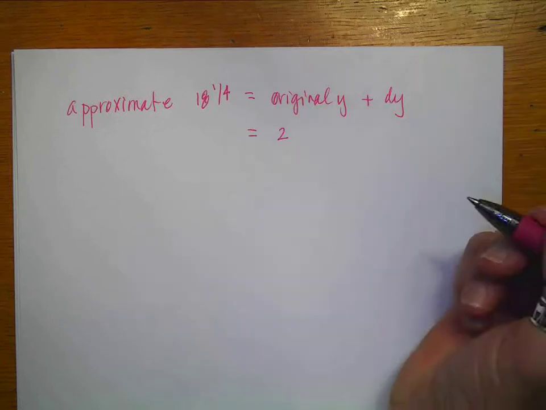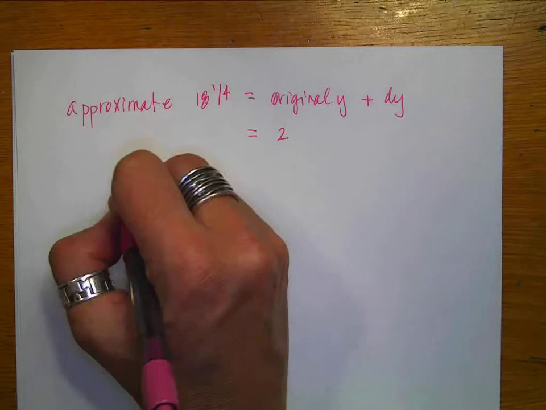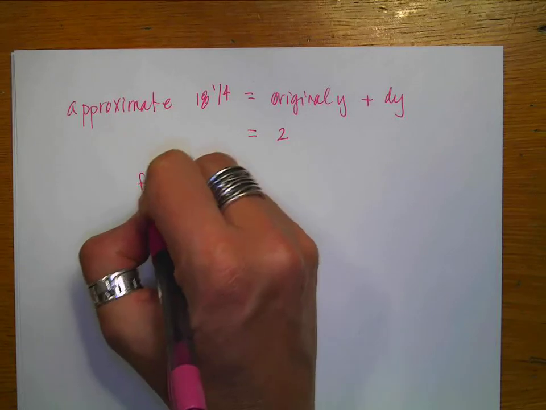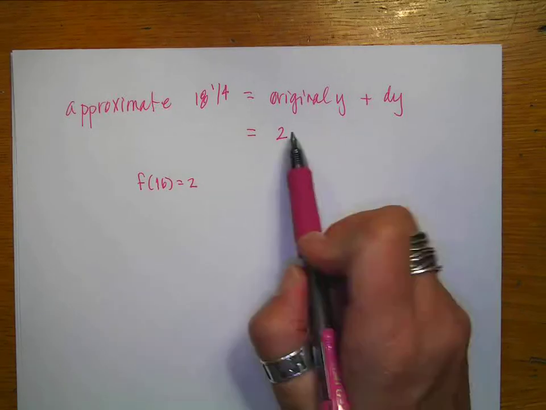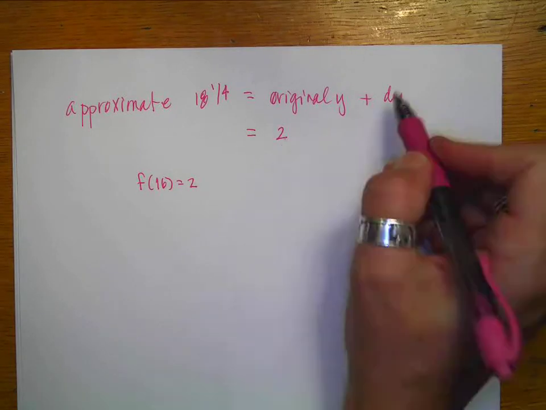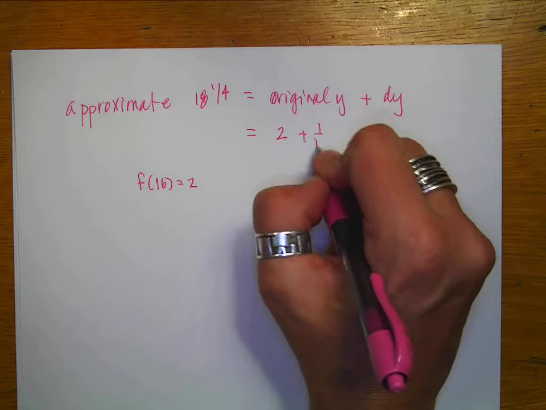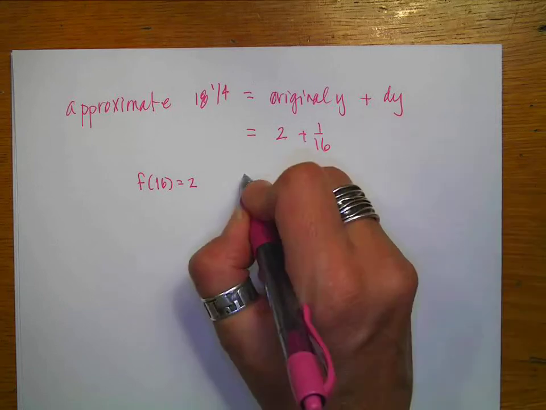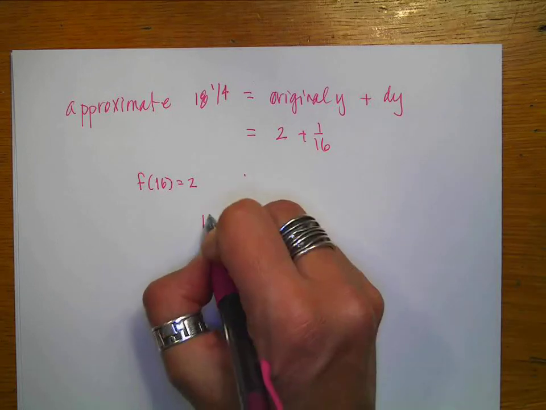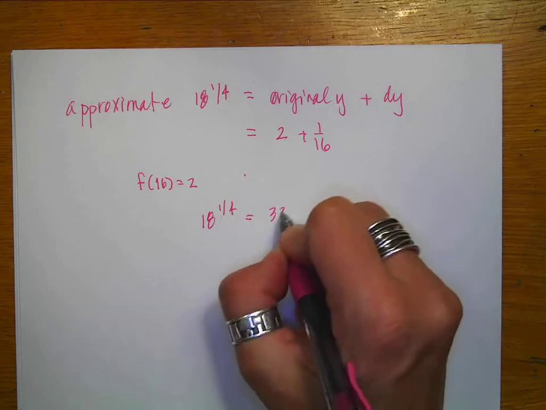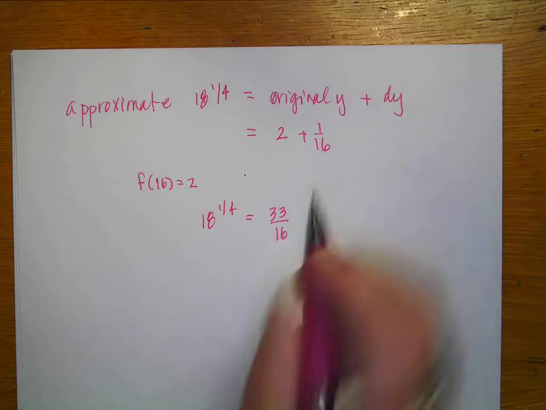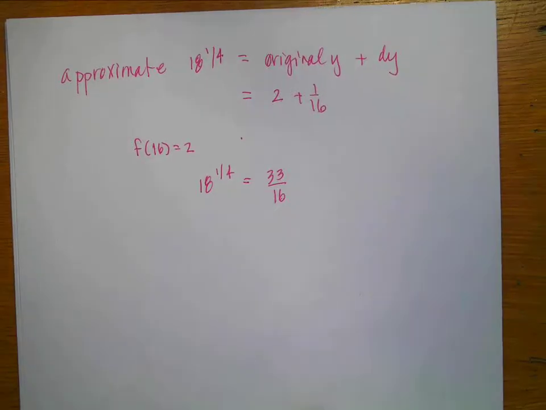My original y was 2, because f of 16 was 2, so that's my original y, plus my dy, which is 1 over 16. So then I can approximate 18 to the 1/4 as equal to 33 over 16, and that's putting those two numbers together. All right?